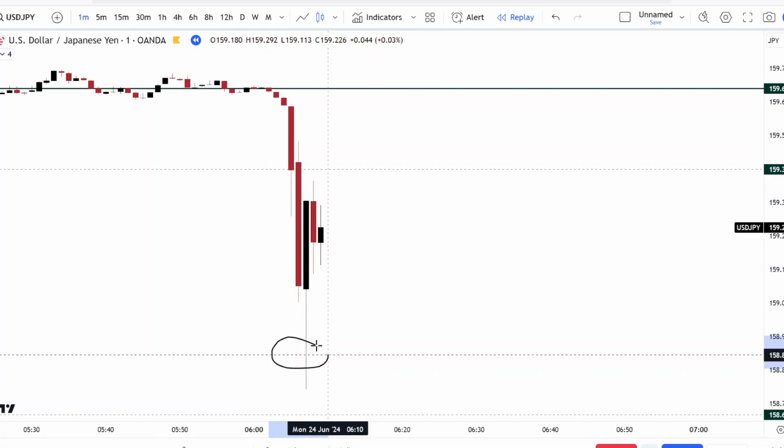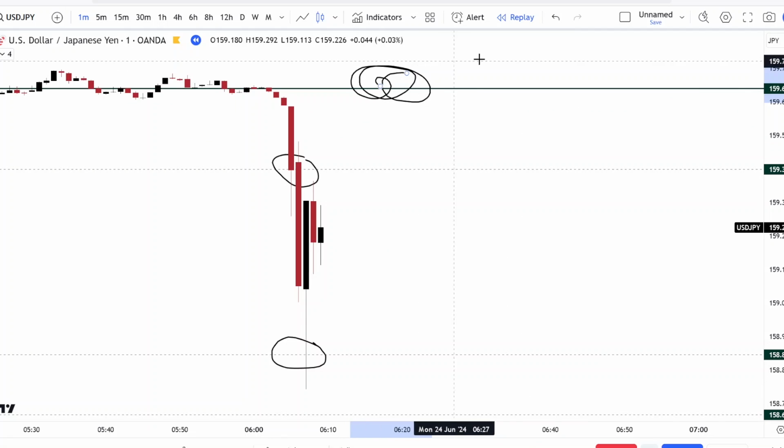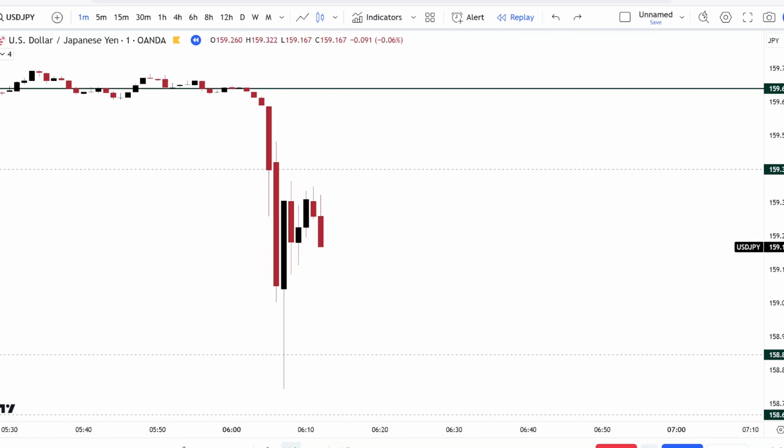Price took out 1 level and 2. So price took out 2 levels. So what are we waiting for now? We're waiting for price to get back to the candle open for a flip. The flip does not happen without price going back across our candle open. Common sense. So what time is it right now? 6:09.